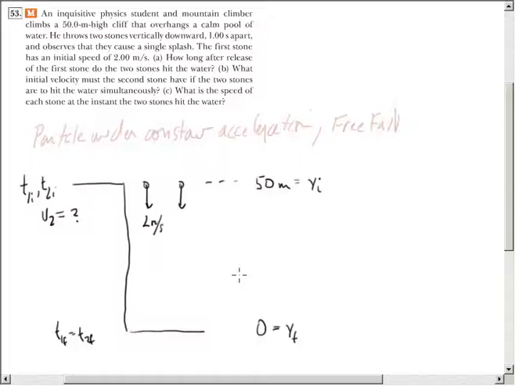And of course, we also know that the second stone is dropped 1 second later than the first stone. So the question becomes, do I have enough information to calculate the fall time required for one of the particles? Pause the video and determine if you do.